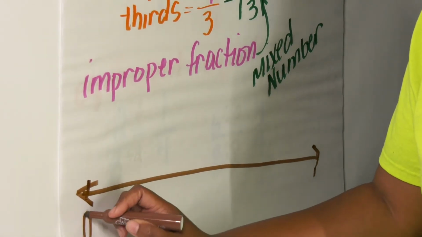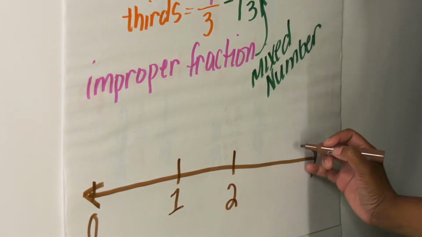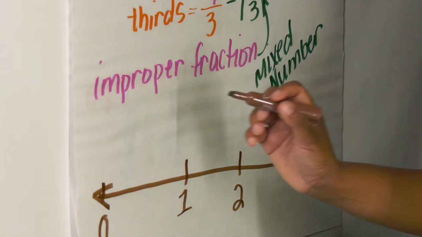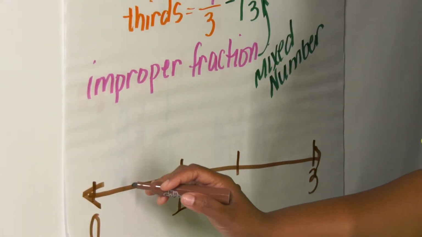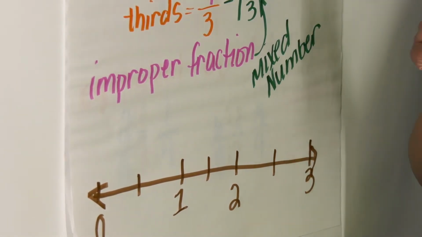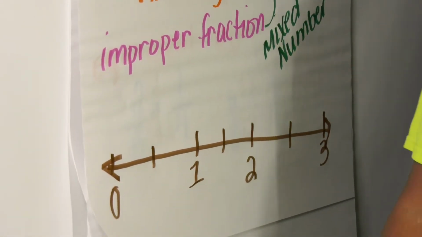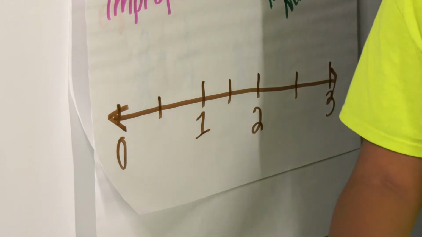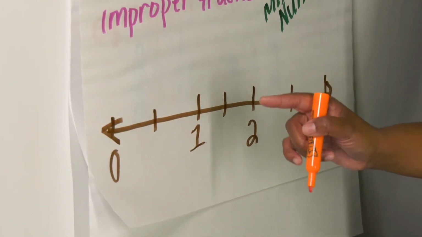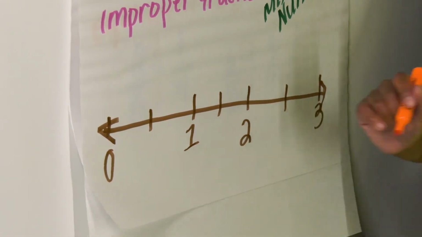We have 0, 1, 2, 3. Okay, so let's say our number line looks like this. So let's first figure out how many pieces this number line is being divided into by hopping from one whole number to the next. Now I want to show you, you don't have to always start at 0. Let's say I wanted to start at 2.